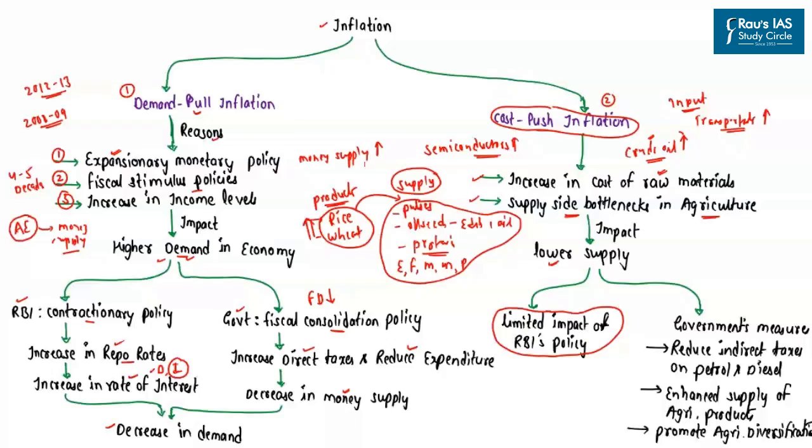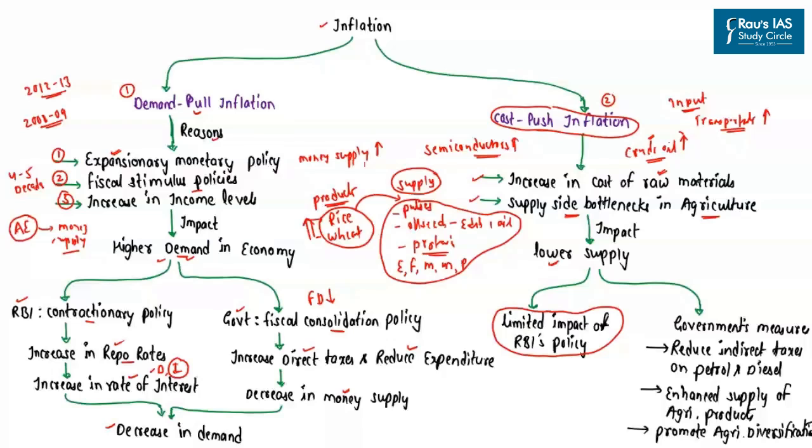Similarly, even if RBI increases the policy rates, it would have limited impact on controlling the prices of pulses, edible oils, protein based foods and so on. This is so because the prices of these commodities have increased not on account of excess demand, rather they have increased on account of decrease in their supply.